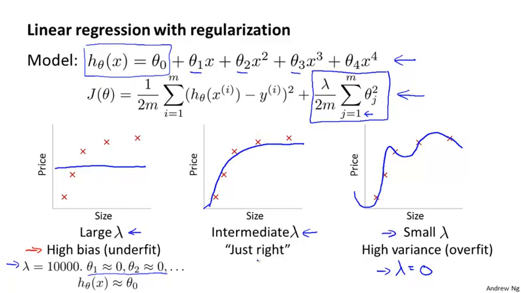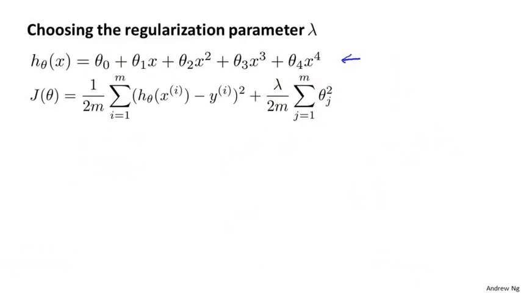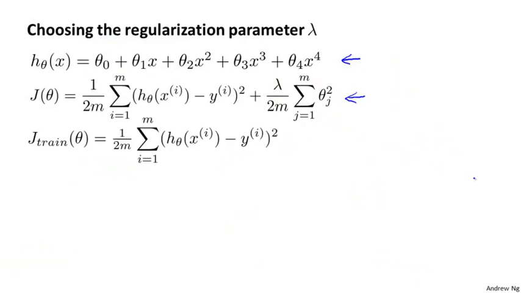So how can we automatically choose a good value for the regularization parameter lambda? Just to reiterate, here is our model, and here is our learning algorithm's objective. For the setting where we're using regularization, let me define J train of theta to be something different, to be the optimization objective but without the regularization term.